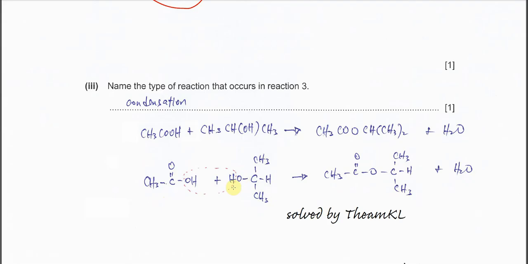They will undergo condensation, and they will combine the OH and H and form H2O. And the C-O bond will form, meaning the ester bond forms, and it will form this ester. So it will form CH3COOCH(CH3)2.